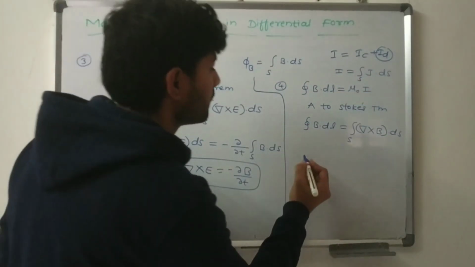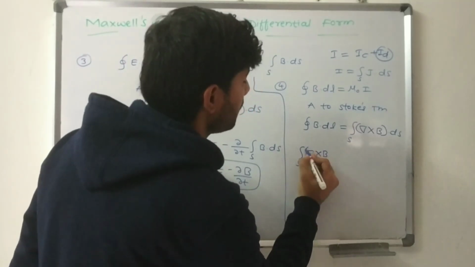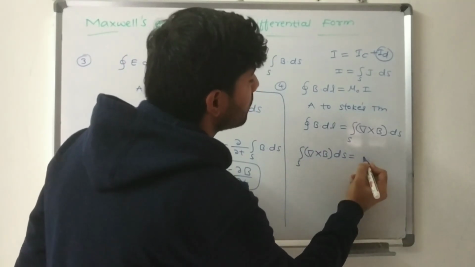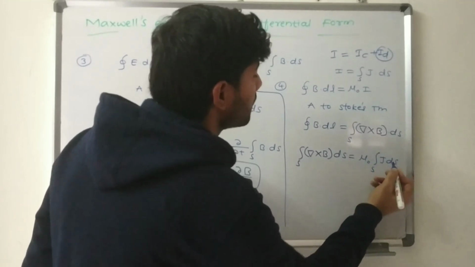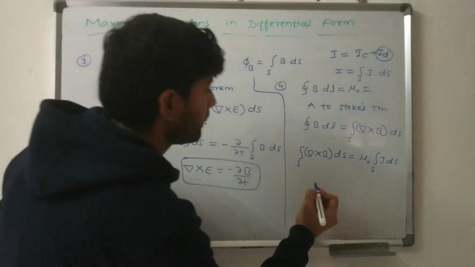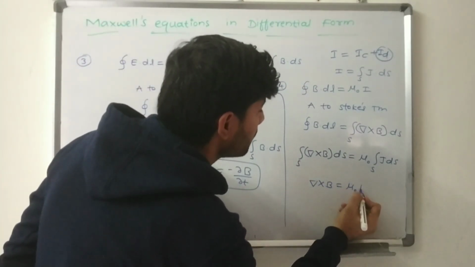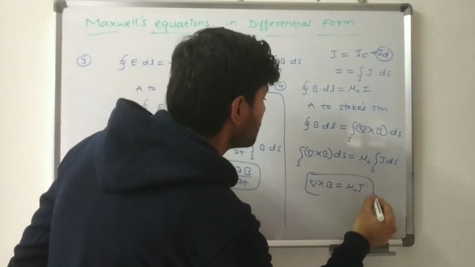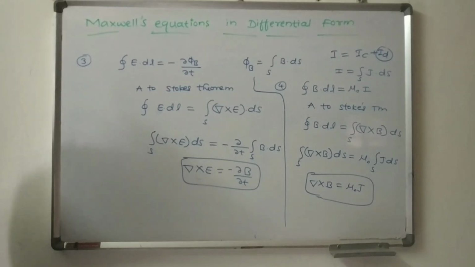So we can write surface integral del cross b ds is equals to mu naught into surface integral j dot ds. So that we can write finally del cross b is equals to mu naught into j. So this will be the fourth Maxwell equation in terms of differential form.